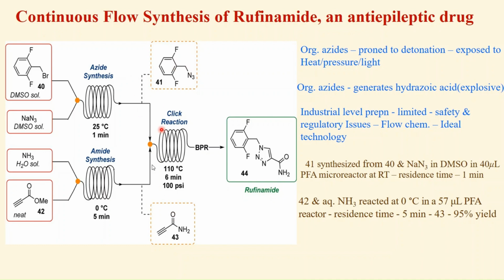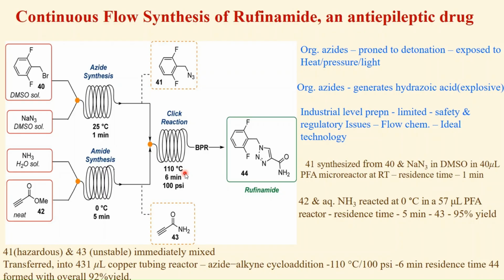The azide and the propiolamide which are formed are not purified, not isolated and separated. These two are mixed in a mixer and then fed into the copper tube of 431 microliter capacity.